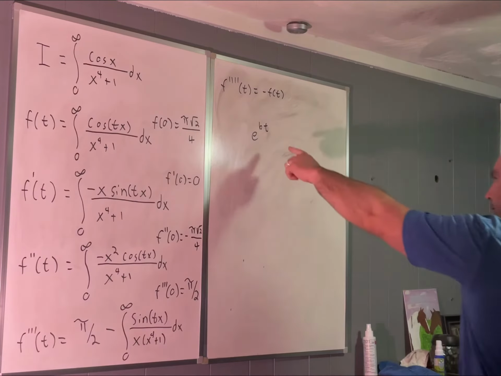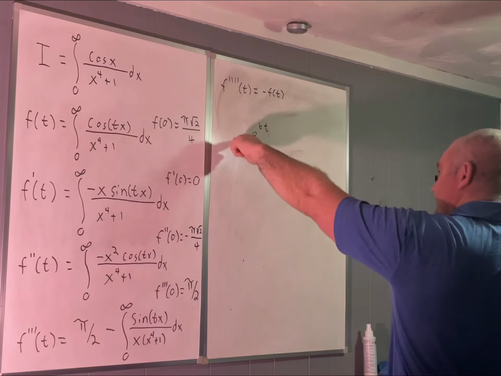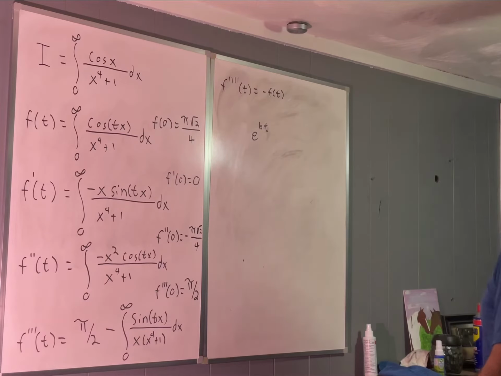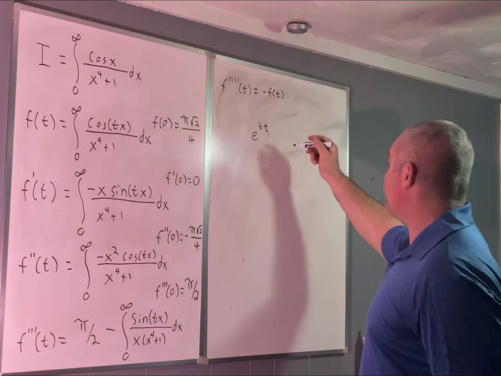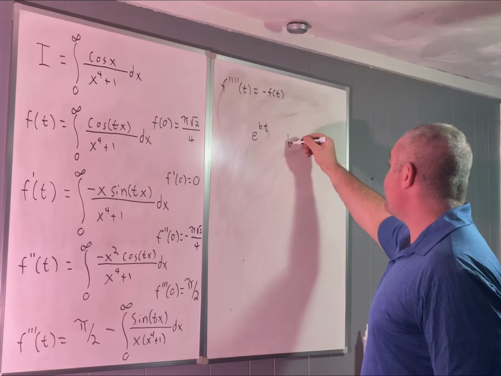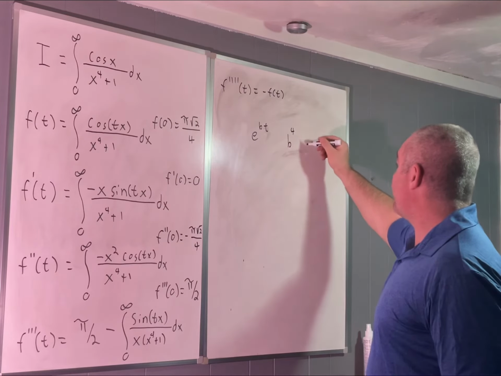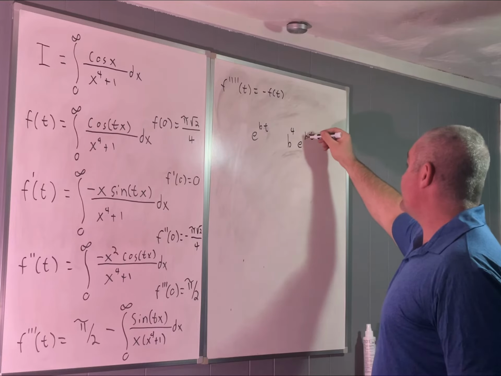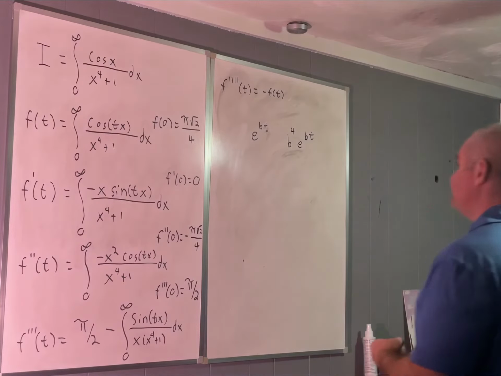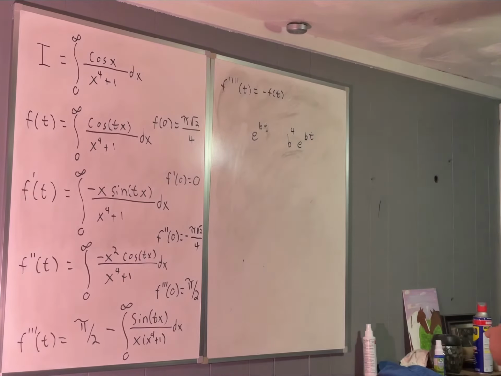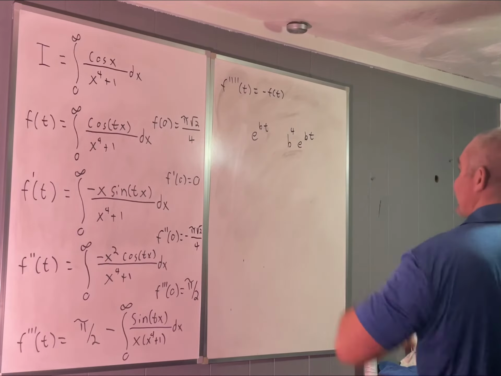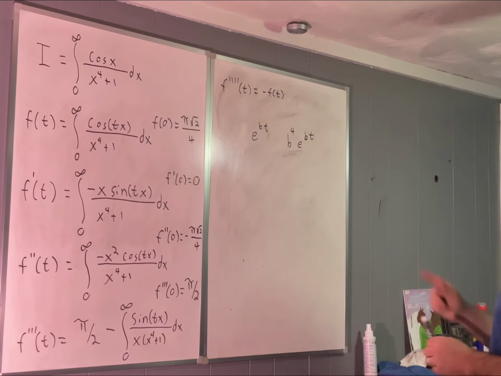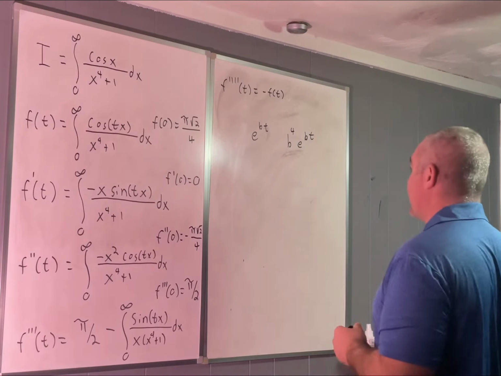So if we took 4 derivatives of this with respect to t, we would end up with b to the 4th times e to the bt. So we need some number b such that if you raise it to the fourth power, you get -1.